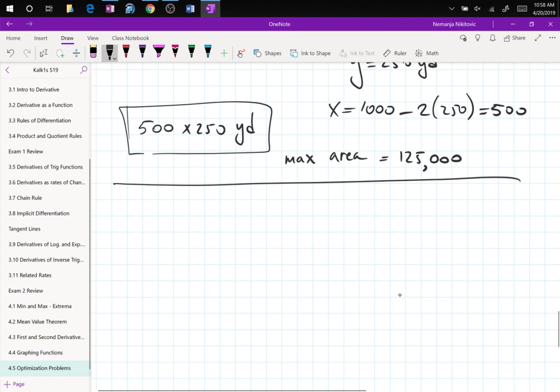So here's a problem that says minimum surface area of the box. Your job for the project is going to be to make the largest possible volume. So minimum surface area of the box.